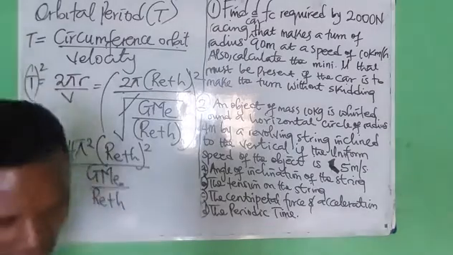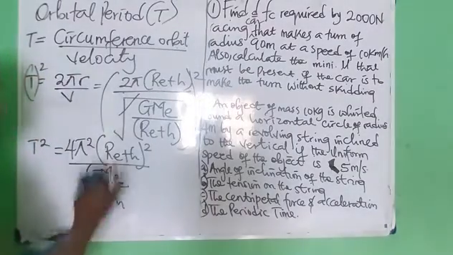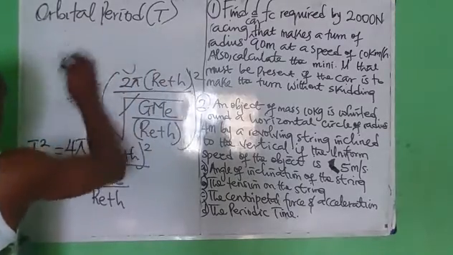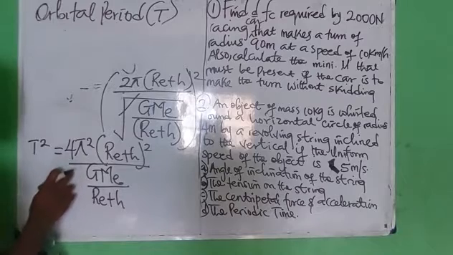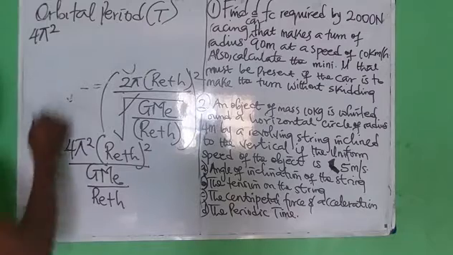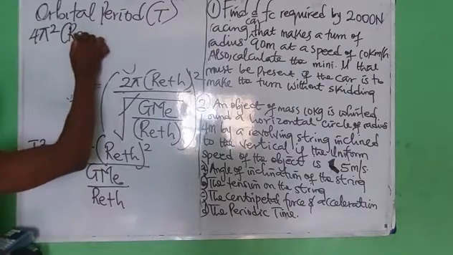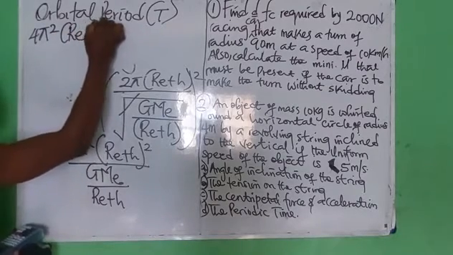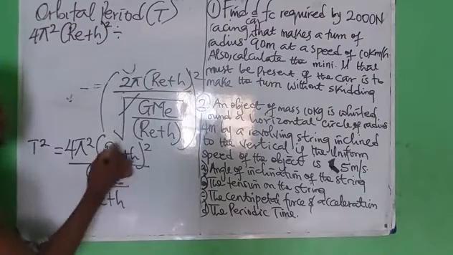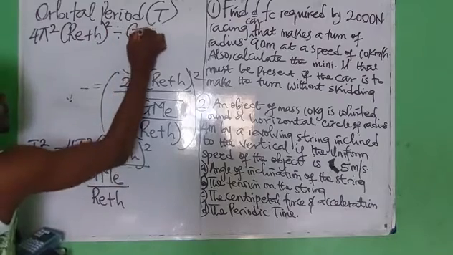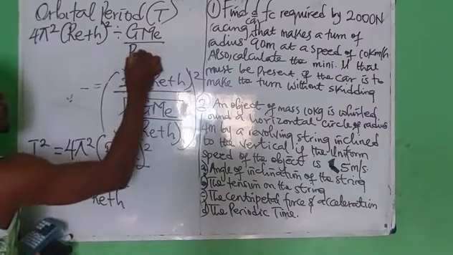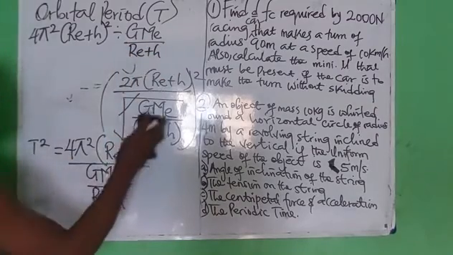We are not done simplifying. In order to continue, from here I'll do it as 4 pi squared, open brackets, RE plus H all squared, divided by G M E over RE plus H. You know this sign represents division.